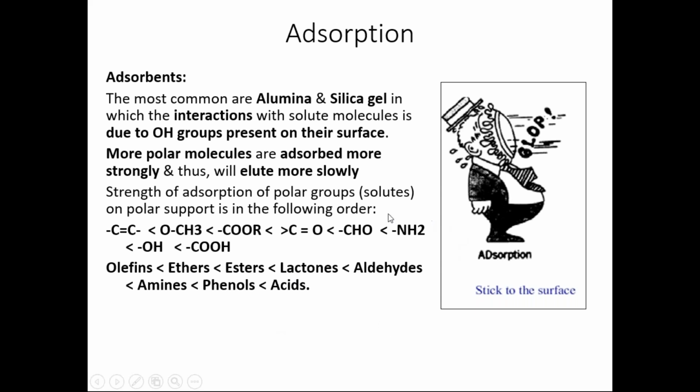The analyte will adsorb to the stationary phase and dissolve from the stationary phase into the mobile phase. So one of the major mechanisms, especially for paper chromatography, planar chromatography, and some column chromatography, is adsorption.